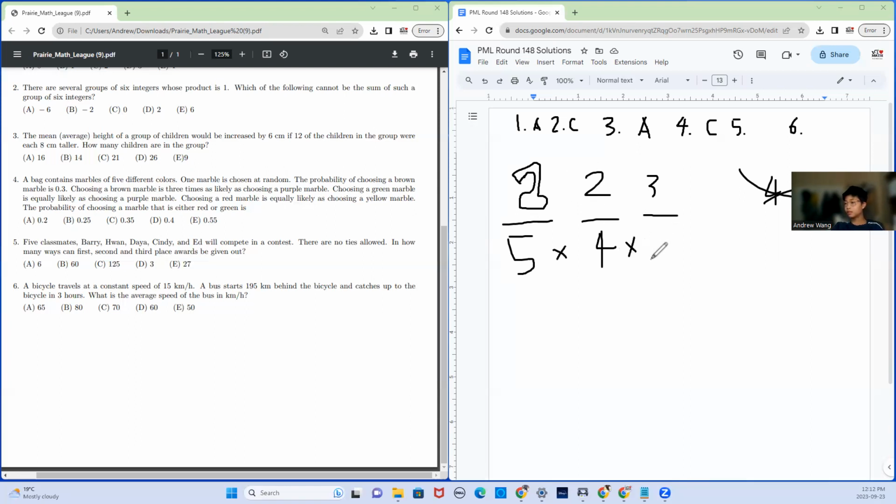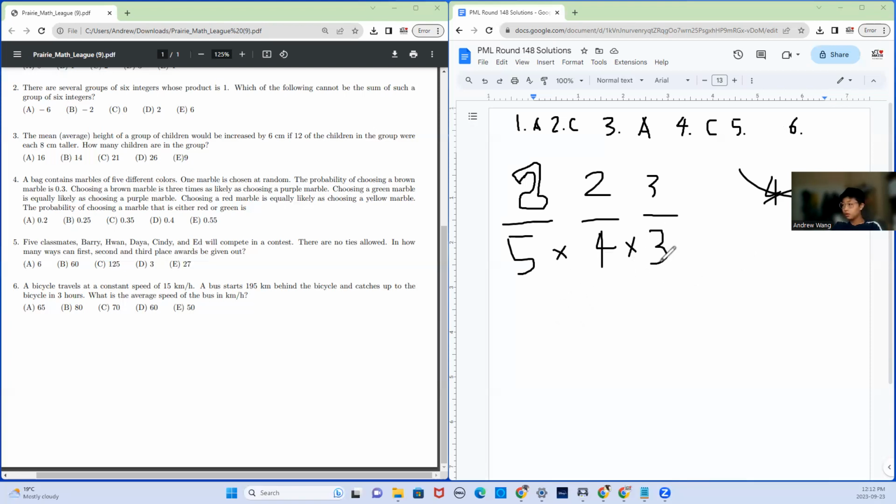After second place is given out, there are 3 people left who have a chance to get third place, so that will be 3. And so on for 4 and 5: there are two different ways 4th place can be given out, and then whoever's left gets 5th place. But we're not focusing on that right now.